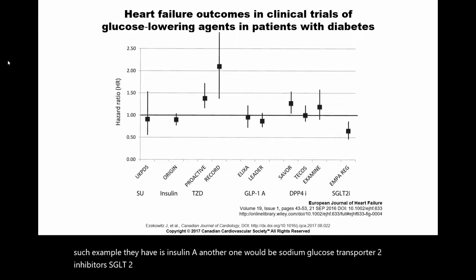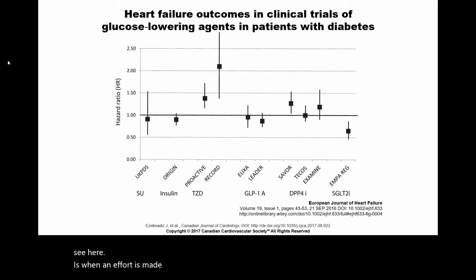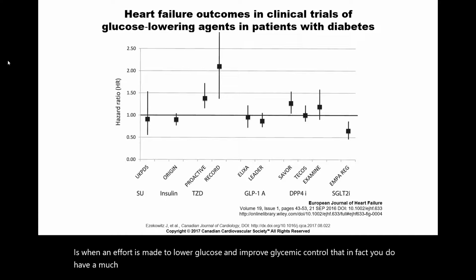We're not worried about the particular drug, but what you can see here is when an effort is made to lower glucose and improve glycemic control, you do have a much lower risk.